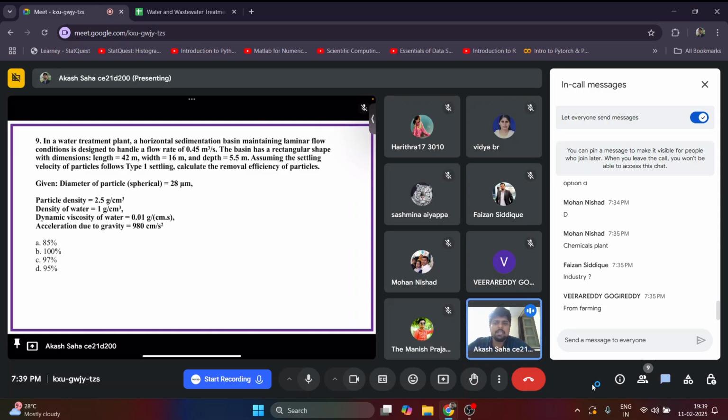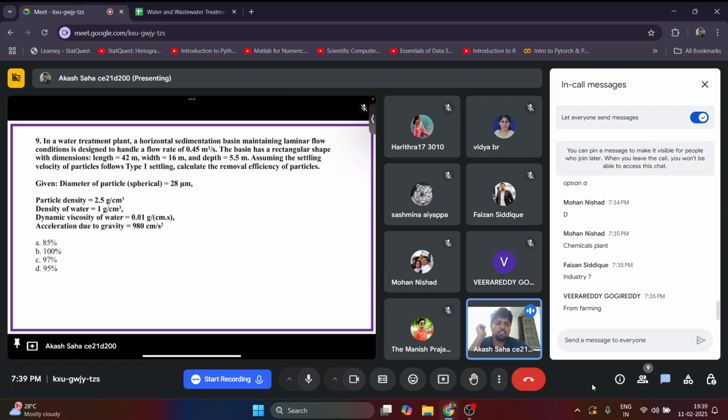So when we are calculating the removal efficiency of any system, we have to find two parameters. What are those two parameters based on this information? Any idea? Settling velocity of particles and the surface overflow rate. Yes, definitely. So please try to find out. I'll wait for some time.